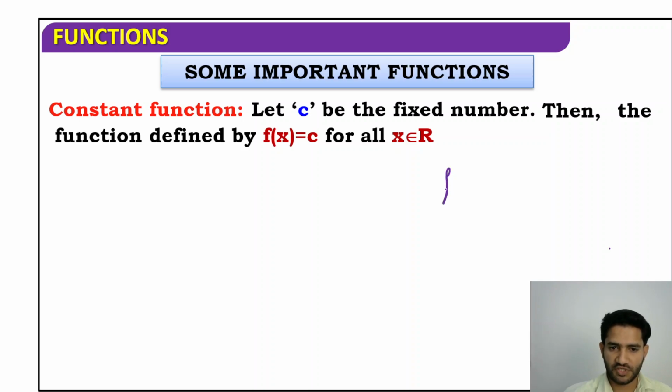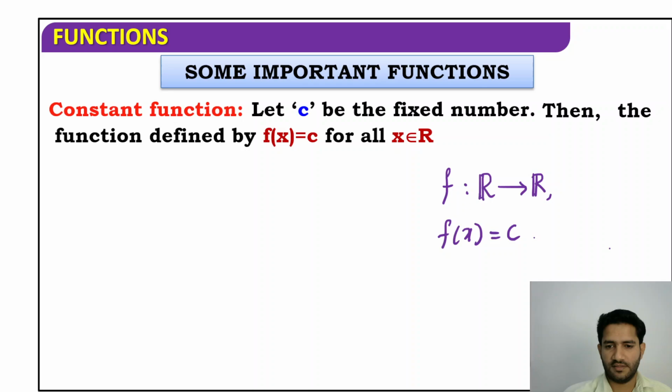That means the function is from the set of all real numbers to the set of all real numbers defined by f of x equal to C, where C belongs to the real numbers, because we are discussing real valued functions.